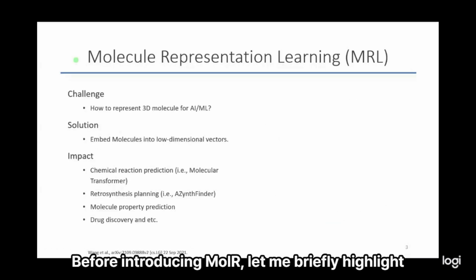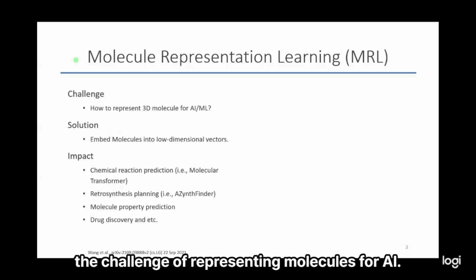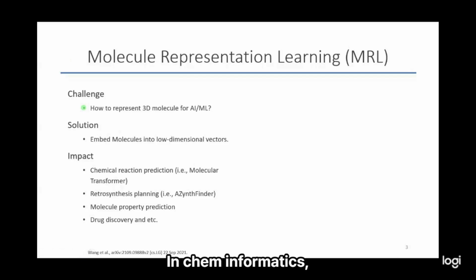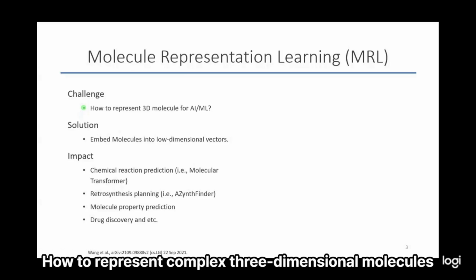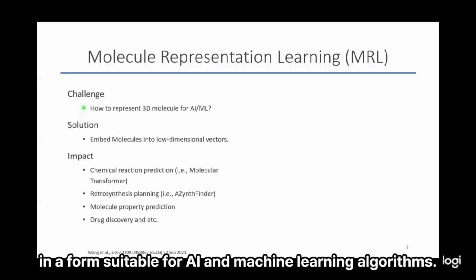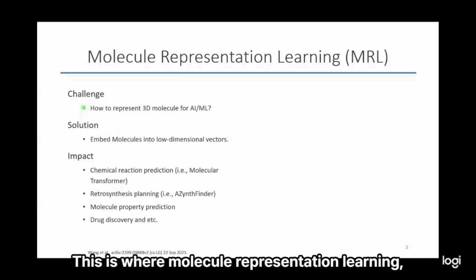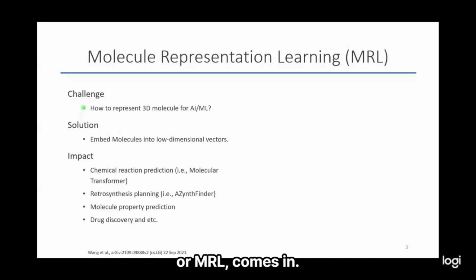Before introducing MolR, let me briefly highlight the challenge of representing molecules for AI. In cheminformatics, one of the biggest hurdles is how to represent complex three-dimensional molecules in a form suitable for AI and machine learning algorithms. This is where molecule representation learning, or MRL, comes in.